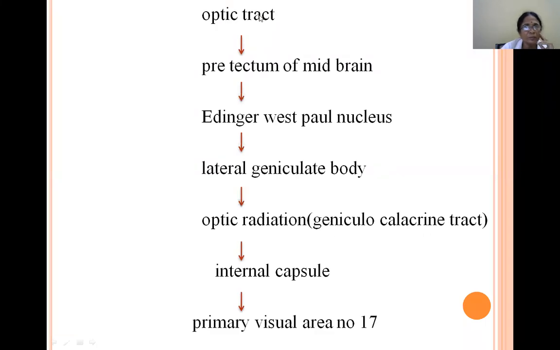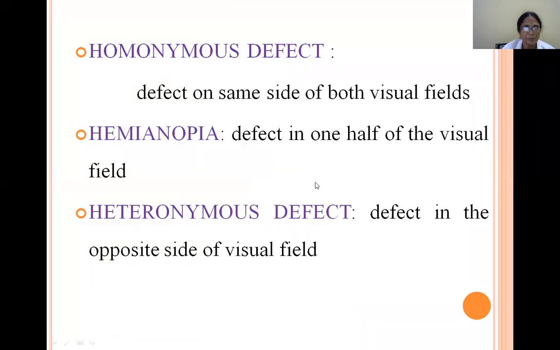From the optic tract, the fibers go to the pretectum of the midbrain, and from there to the Edinger-Westphal nucleus, then the lateral geniculate body, then the optic radiation, then the internal capsule, then the primary visual area, area 17.